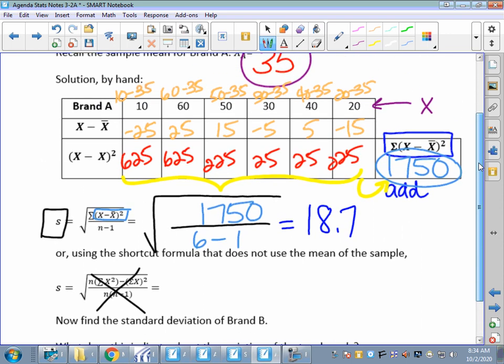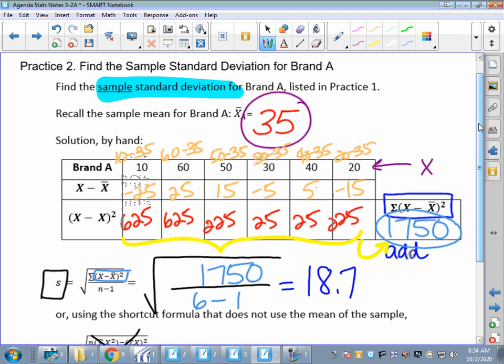If we put that in the context of our problem, that means we have a difference of 18.7, or almost 19 months, from our 35. I would be willing to bet if we did our calculation for brand B, it would be a smaller sample standard deviation because our range is so much smaller. The data is so much closer to that 35.